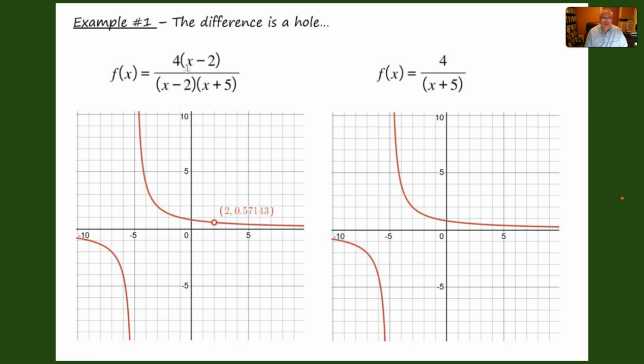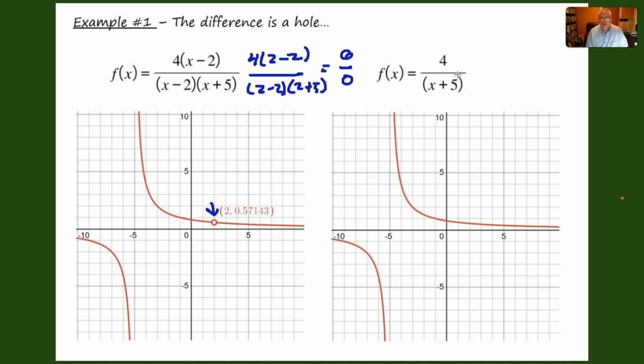But when x equals 2, this one would be 4 times 2 minus 2 over 2 minus 2 times 2 plus 5, which is 0 over 0, which is undefined. So at 2, this graph has a little hole in it where it's not defined.